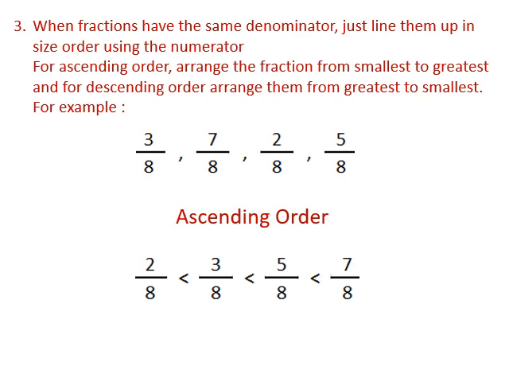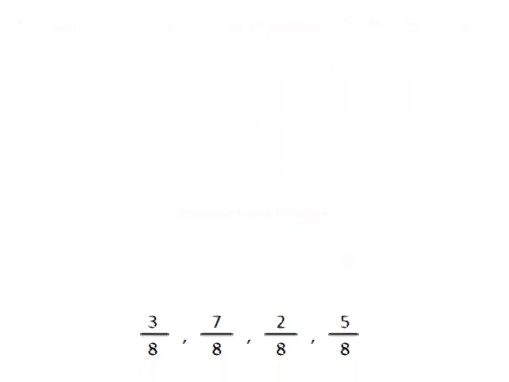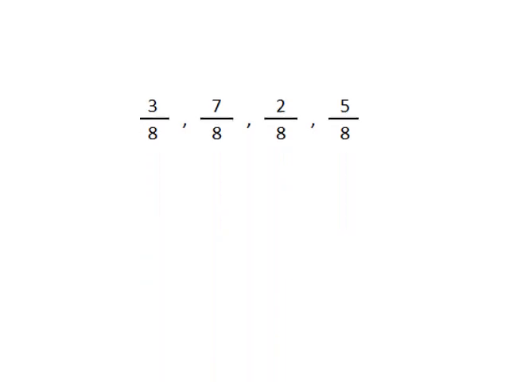And for descending order, you will align from greatest to smallest. So first will come 7 by 8, which is greater than 5 by 8, which is greater than 3 by 8, which is greater than 2 by 8. For descending order, if you have like fractions, we will compare their numerators.